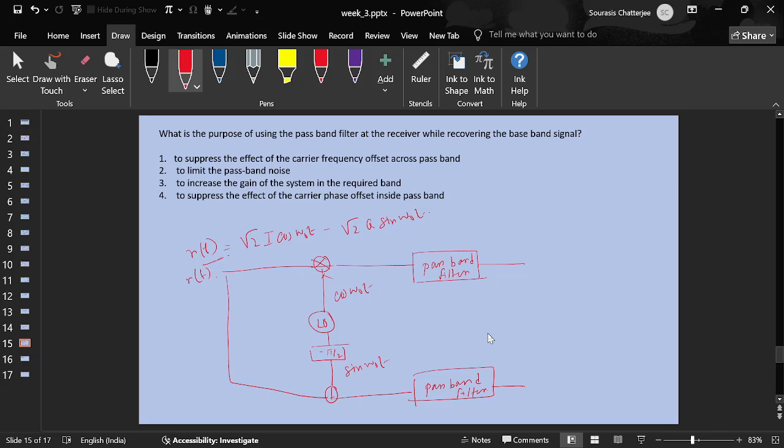So phase shift, carrier phase offset. Like, after multiplying, we will get the higher frequency components. So it will filter out that higher frequency component. So what will it be left with?